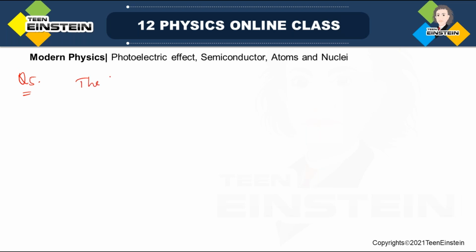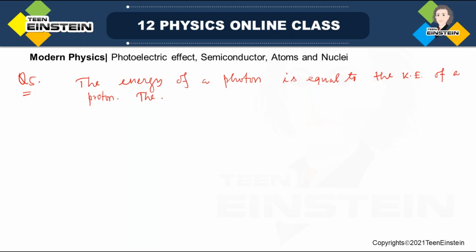The energy of a photon is equal to the kinetic energy of a proton. The energy of the photon is E.